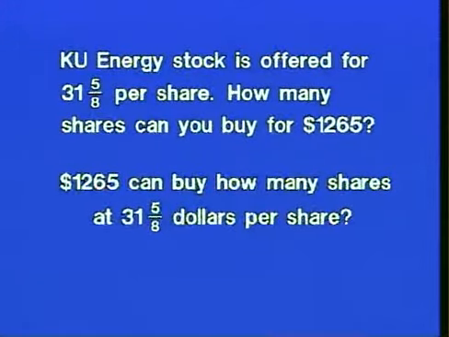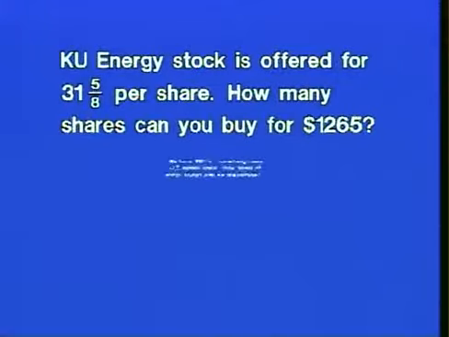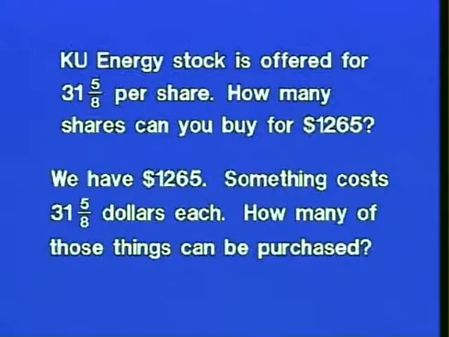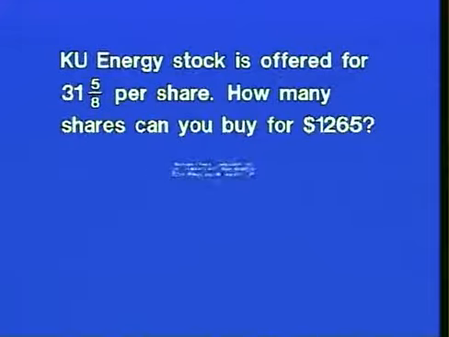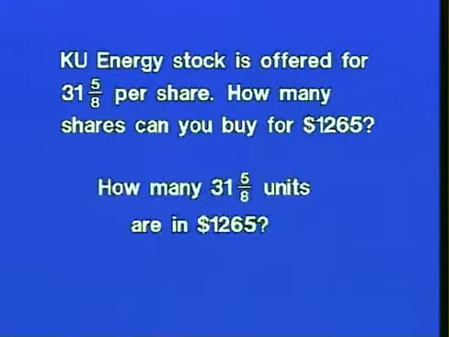That's another way. Here's a third way. We have $1,265. Something, we don't really care that it's stock, it could be almost anything. Something costs 31 5/8 dollars each. How many of those things can be purchased? In other words, how many 31 5/8 units are in 1,265?